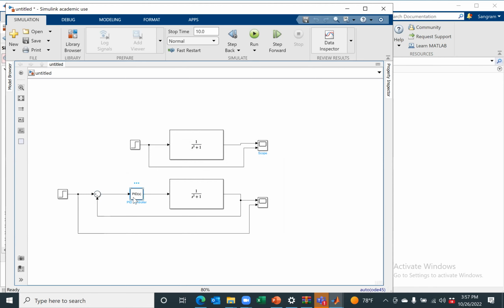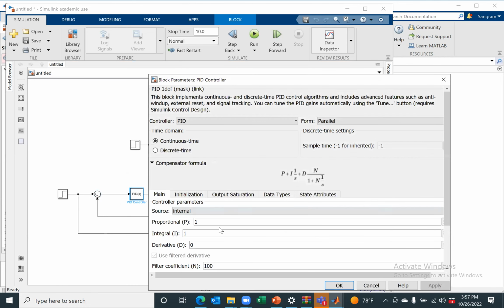Go to this PID. And I want you to look at these three constants. The transfer function for PID is given as P multiplied by the state, plus I multiplied by the integral of the state, plus D multiplied by the derivative of the state.